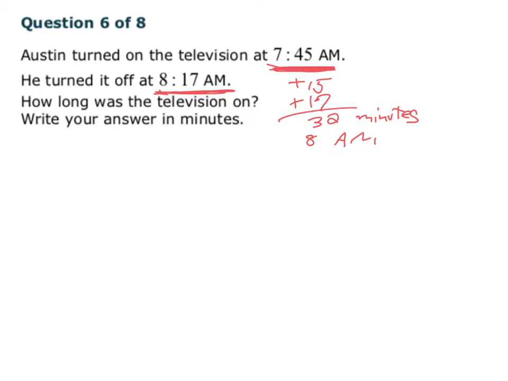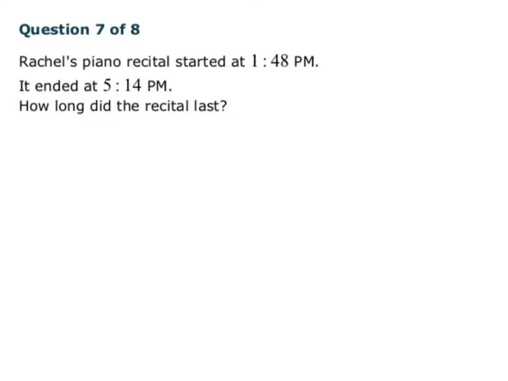Rachel's piano recital started at 1:48 p.m. and ended at 5:14 p.m. How long did the recital last? Okay, this one I'm going to do with some subtraction. I'm going to go past this time, and then subtract. So from 1:48 to 5:48 p.m., that's a total of 4 hours. Okay, so I've gone forward 4 hours.